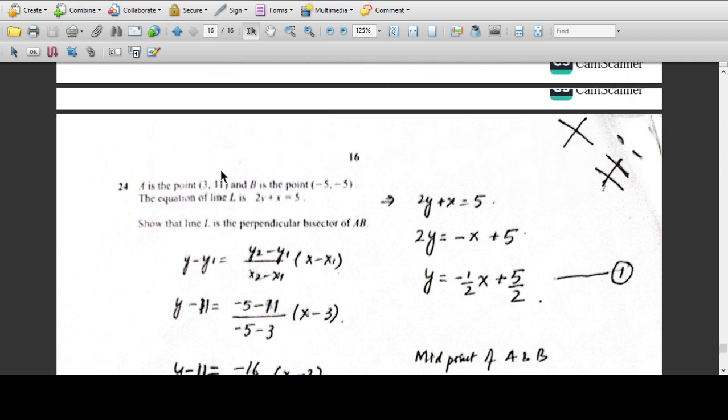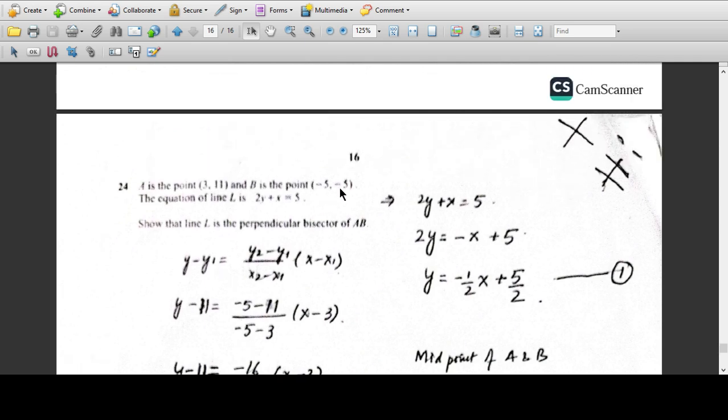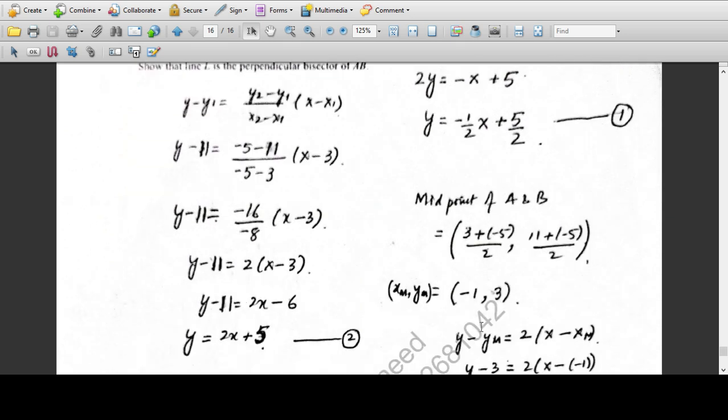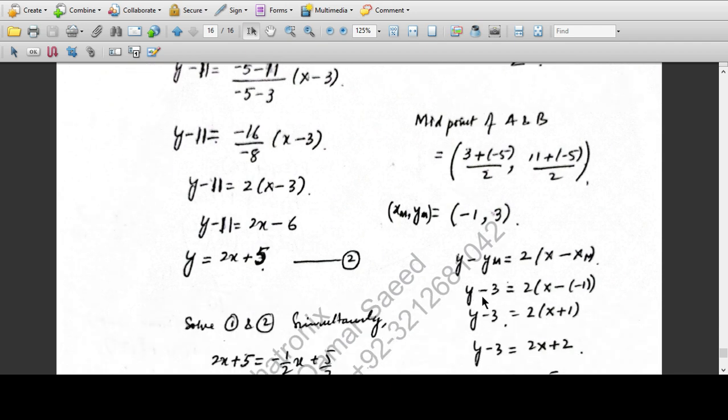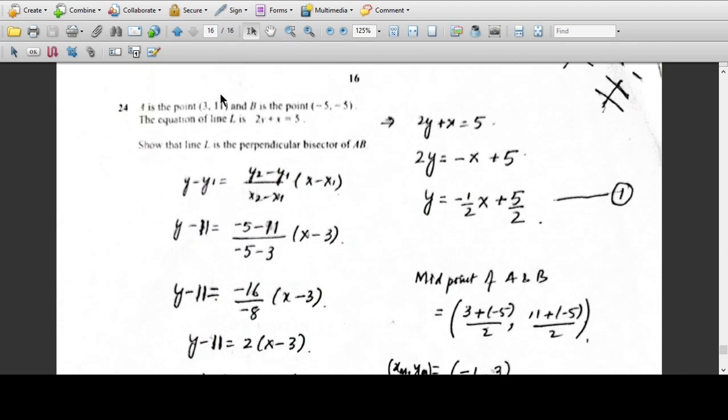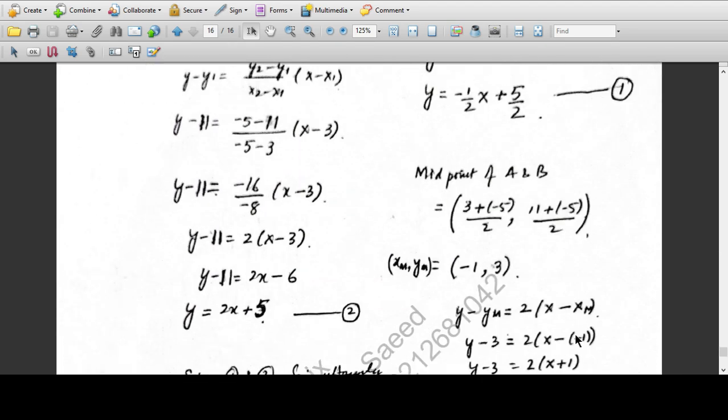So the midpoint between 3, 11 and minus 5 is minus 1, 3, and this is the midpoint. Now the line AB will intersect this line, so line L will pass through this midpoint.